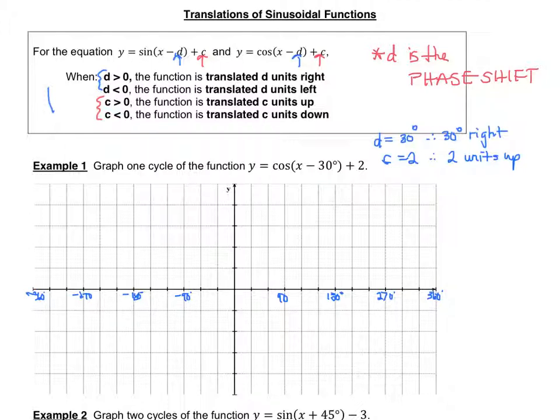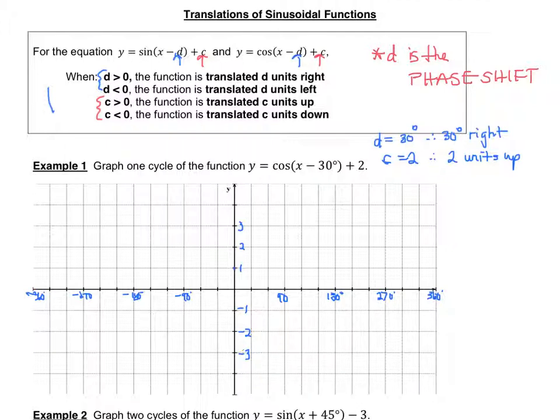And we'll fill in the scale on our y-axis. There we go. And let's sketch y equals cos theta quickly.